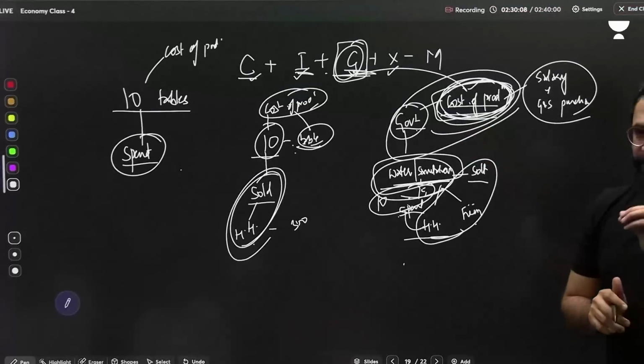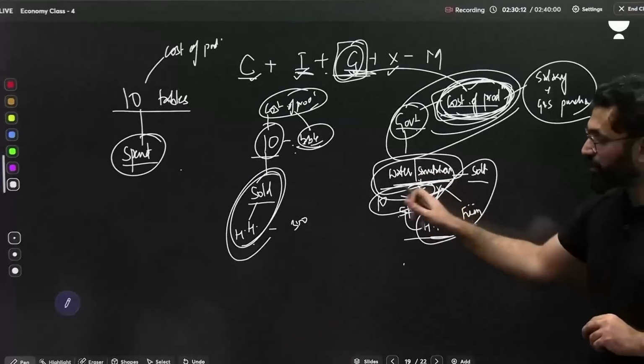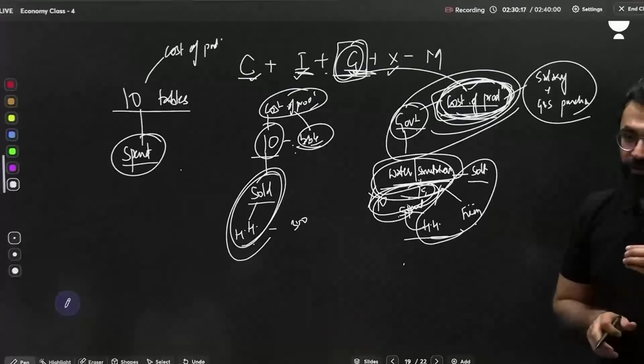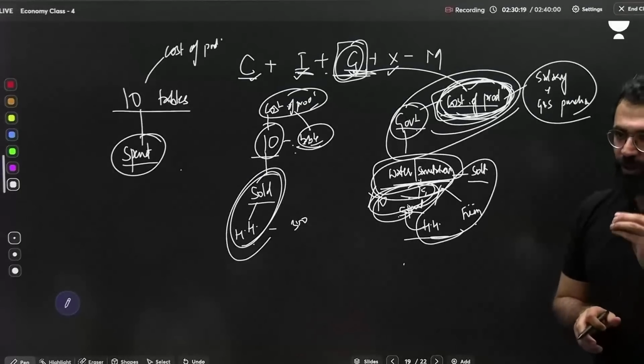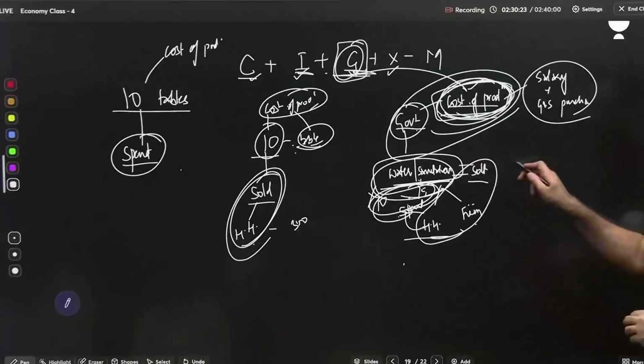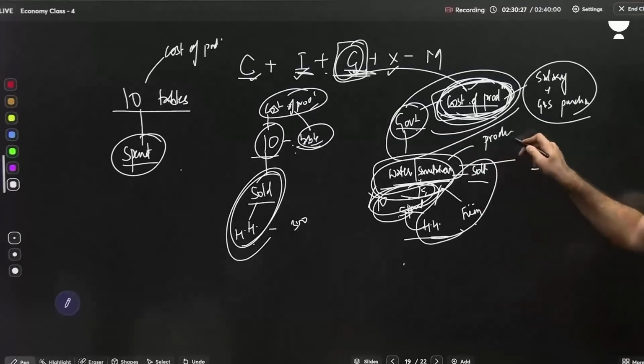Because whatever goods or services the government is producing are not sold in the market for a price. They are sold for free. If they are sold for free but something has been produced, how do I calculate this?